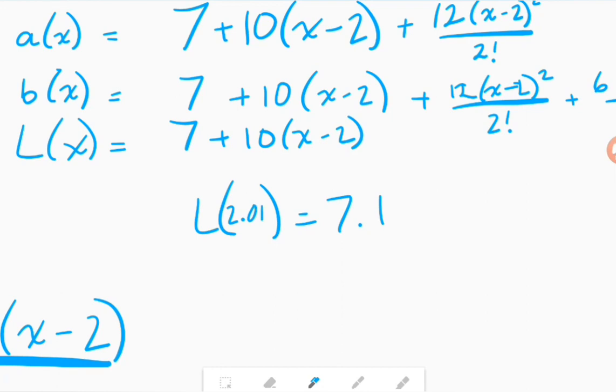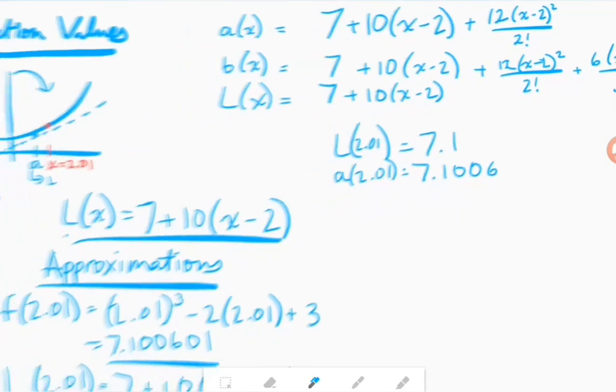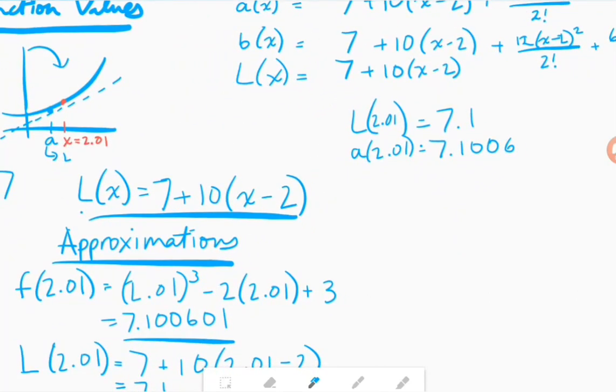If I plugged in 2.01 into a, which is my a of x, my quadratic, I would get 7.1006, and I'll remind you that our actual function value is 7.100601, so we're getting way closer.